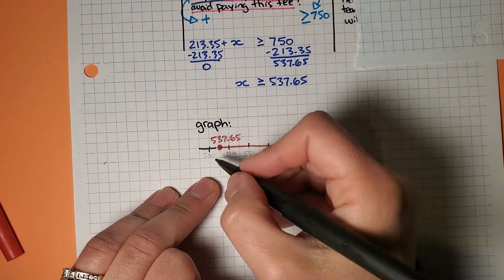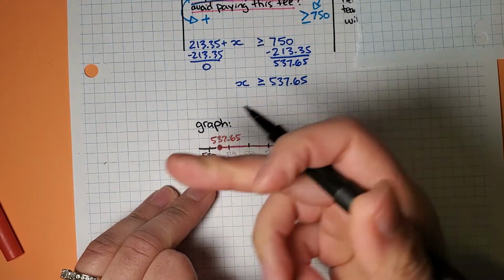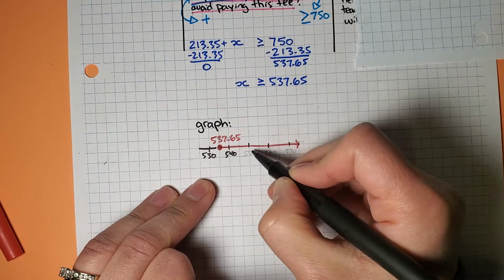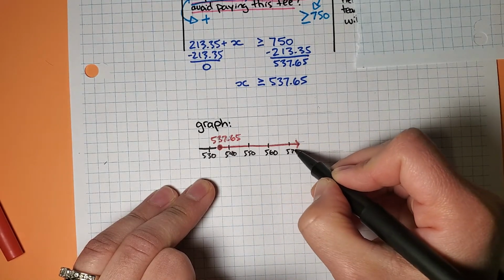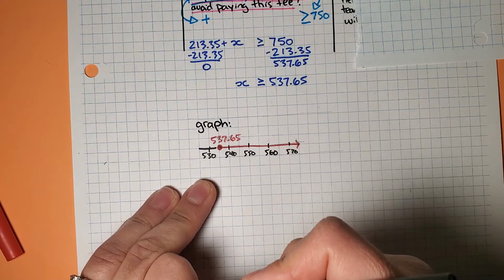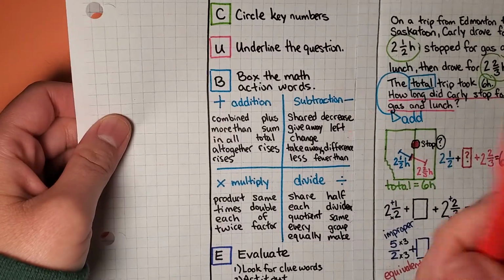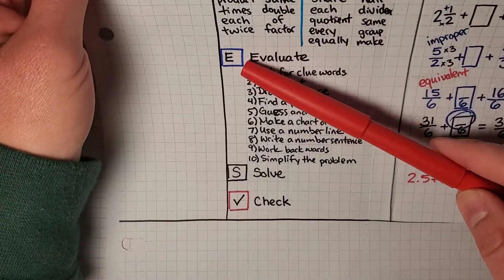So this number line graph is showing that x cannot be 530, that's less than. It can be 540, 550, 560, 570, 1,000, 1,000,000, anything greater than that. So we did C, U, B, E, S.